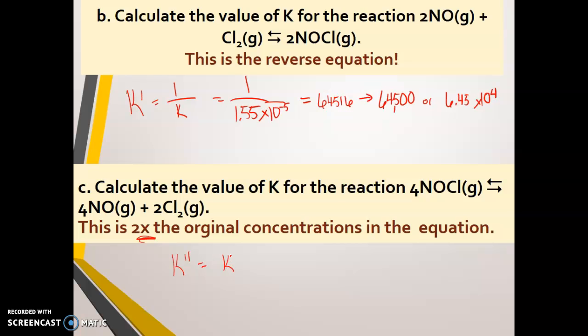Whenever you have your original reaction and just double the coefficients, you're going to square K. If it was 3 times the coefficients, it would be cubed, and so on. So we're going to do 1.55 times 10 to the negative fifth, squared, and that gives us 2.40 times 10 to the negative 10th.